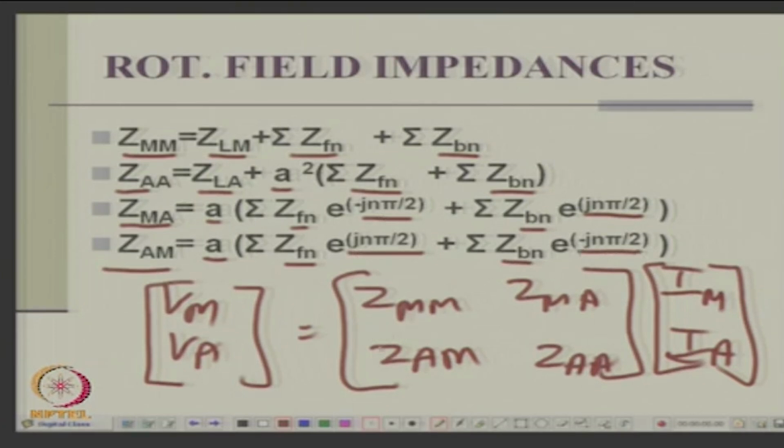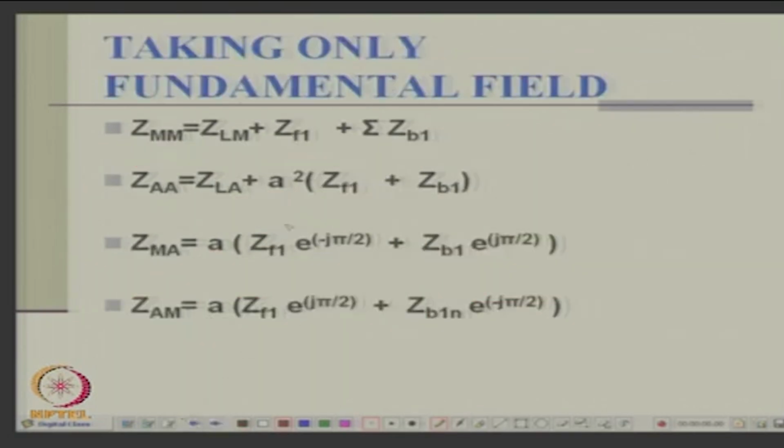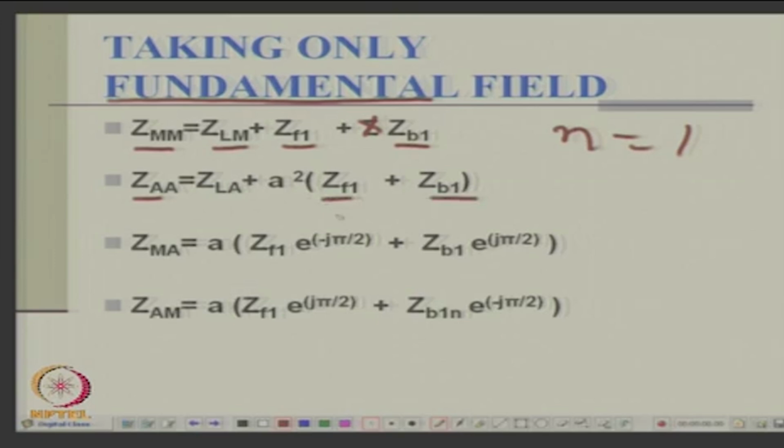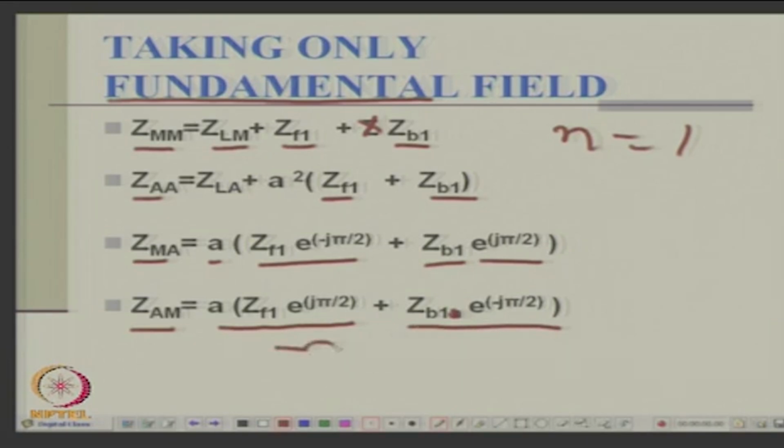Okay. This is what we had done, and with only fundamentals, that means n equal to 1, we said Zmm is Zlm plus Zf1 plus Zb1, Zaa is Zla plus a square times Zf1 plus Zb1, okay, and Zma is a times Zf1 e to the power of minus j pi by 2 plus Zb1 e to the power plus j pi by 2, and Zam is minus j becomes plus j here, a into Zf1 e to the power j pi by 2 plus Zb1 e to the power of minus j pi by 2, and we have already defined what is our Zf1.